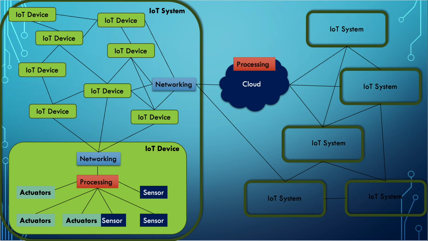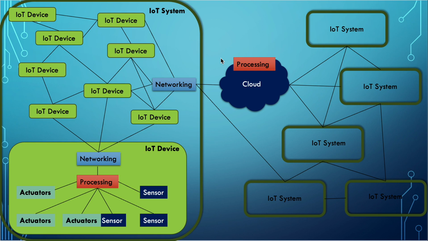So the Internet of Things, or IoT systems, or the global IoT infrastructure, would look like this. A collection of different IoT systems would be connected through the internet, exchanging data and using cloud resources. That is one end of the IoT systems.